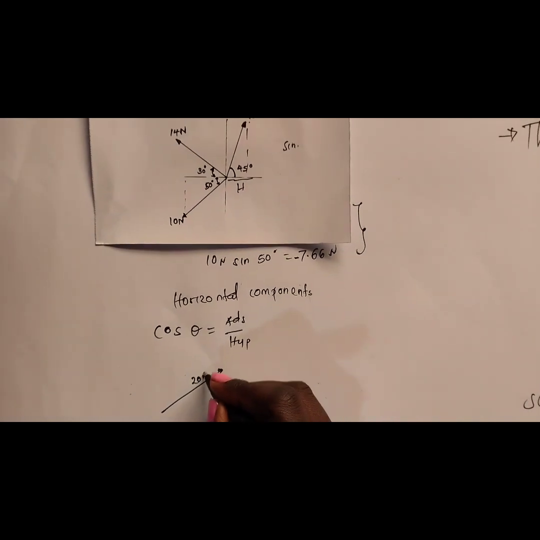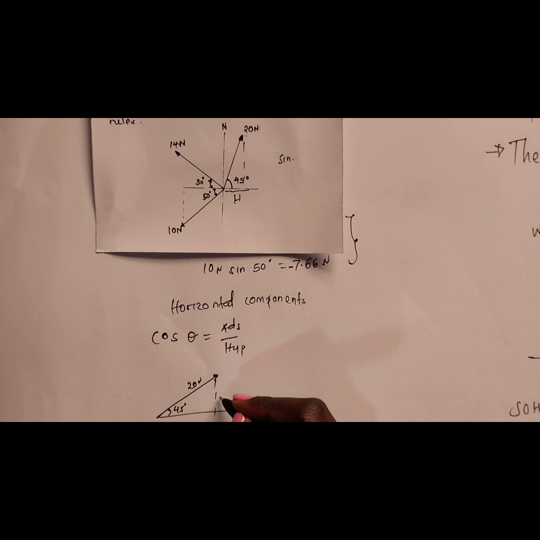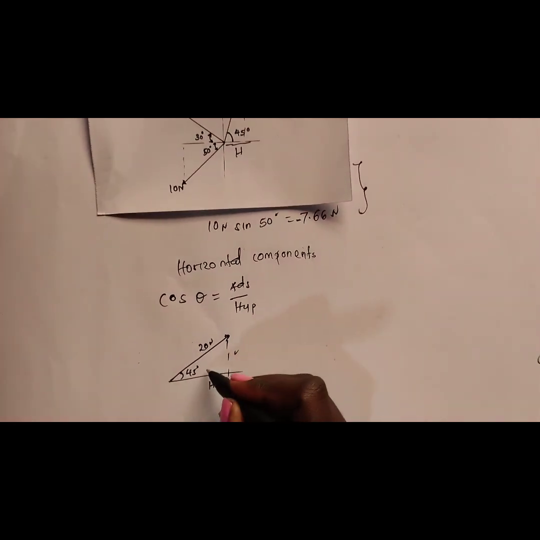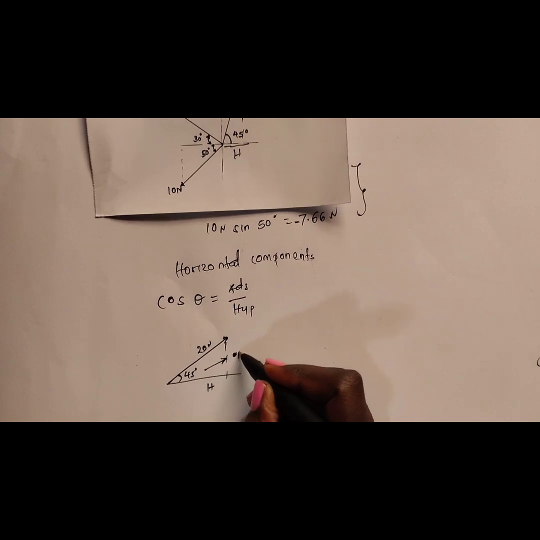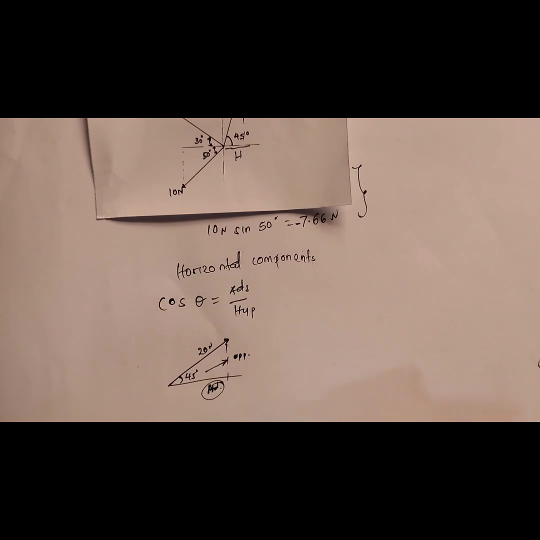This is 20 newtons and it's inclined at 45 degrees. We already have the vertical and now our horizontal would be here. From 45, this is our opposite side and this is still our adjacent, and this is what we want to find.